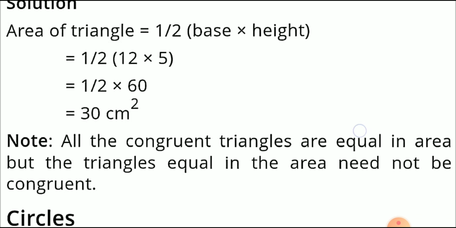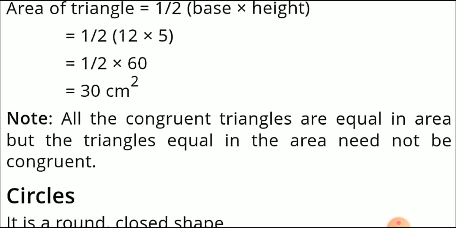Note: all congruent triangles are equal in area, but triangles equal in area need not be congruent. So here there is a one-sided condition. If the triangles are congruent, that means their areas must be equal.